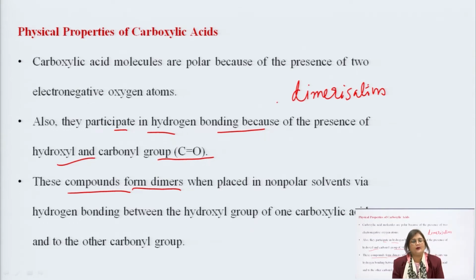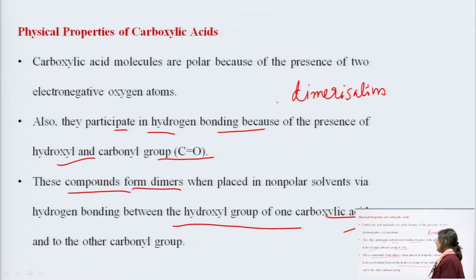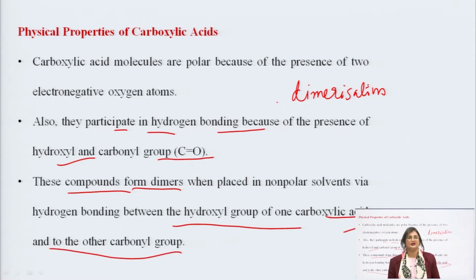This means when a carboxylic acid is placed in a non-aqueous or non-polar solvent, dimers are formed via hydrogen bonding. This hydrogen bonding is between the hydroxyl group of one carboxylic acid and the carbonyl group of another carboxylic acid. So, dimers are formed.